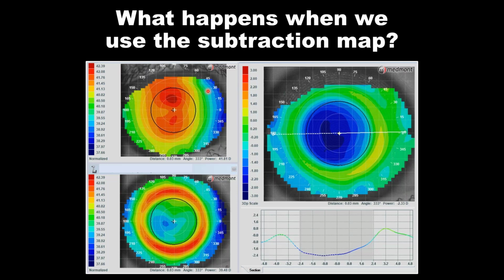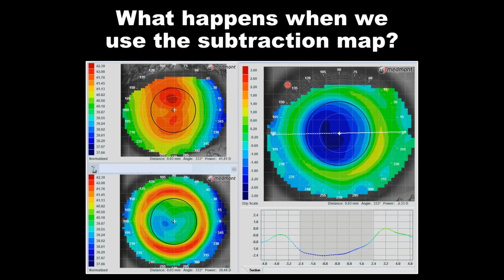Not only is it important to calculate the first lens that you place on eye, but all of the subtractions that we do from here may have this missing information, because you're comparing a topography with a smaller fissure of capture versus a topography with a larger fissure of capture. We're always going to be missing this data.